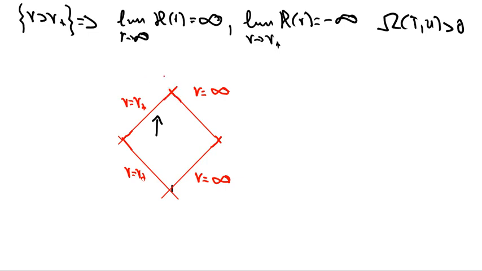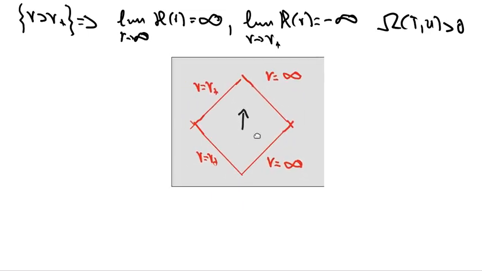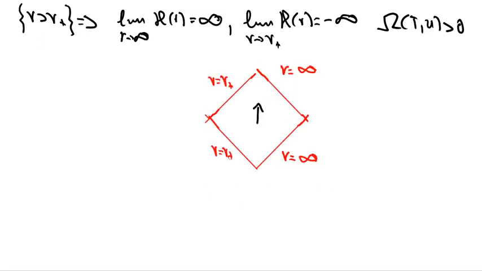Maybe I should put the arrow in the center. Okay, so this is what we get for this region, and then the region r minus less than r plus.